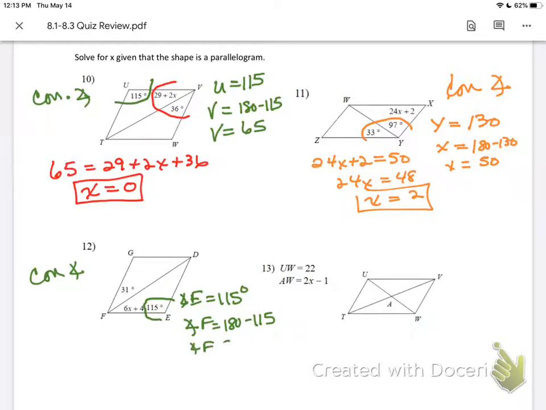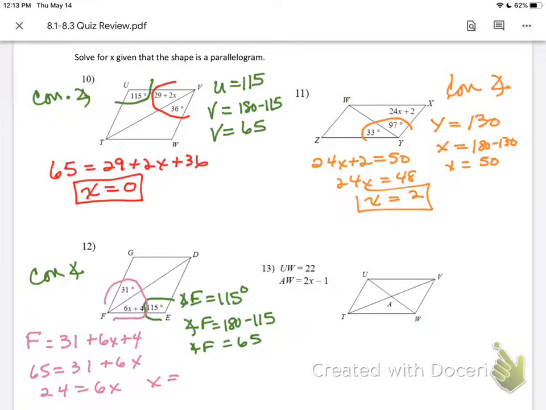F is going to be 65. Okay, so what are F's component parts? Here is F. So F equals 31 plus 6x plus 4. So that has to equal 65. Okay, so if I subtract, I'm going to get x is going to be equal to 4 in this case.